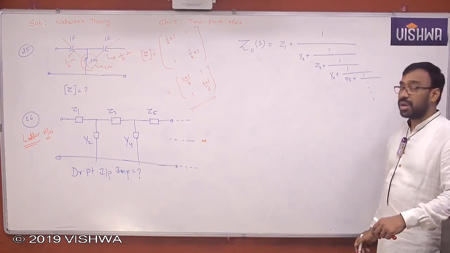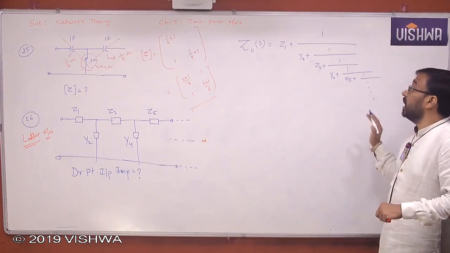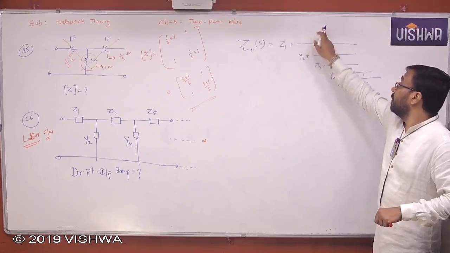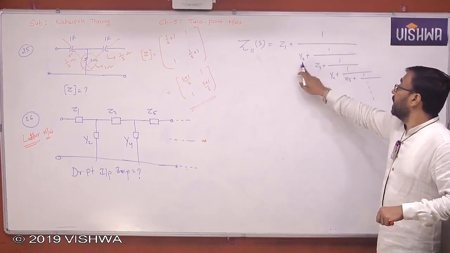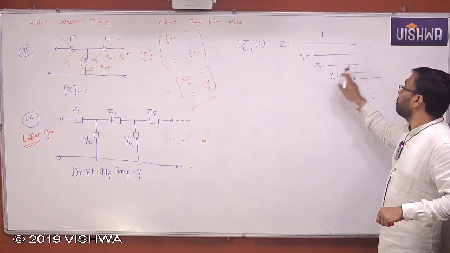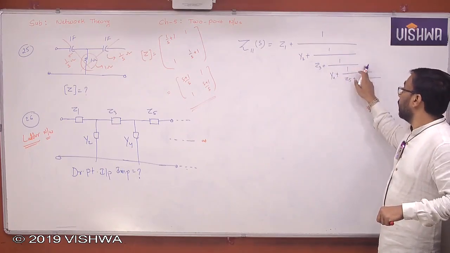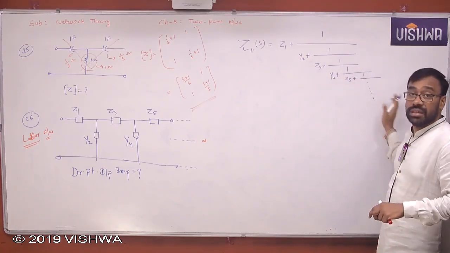You understand all of you? This is the formula you are supposed to use. Be careful. Z1 plus 1 by Y2 plus 1 by Z3 plus 1 by Y4 plus 1 by, like that you are going to take.